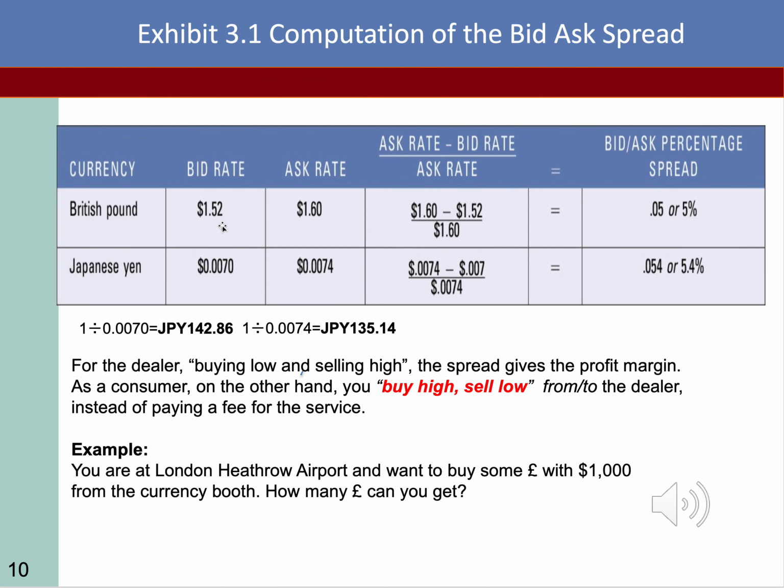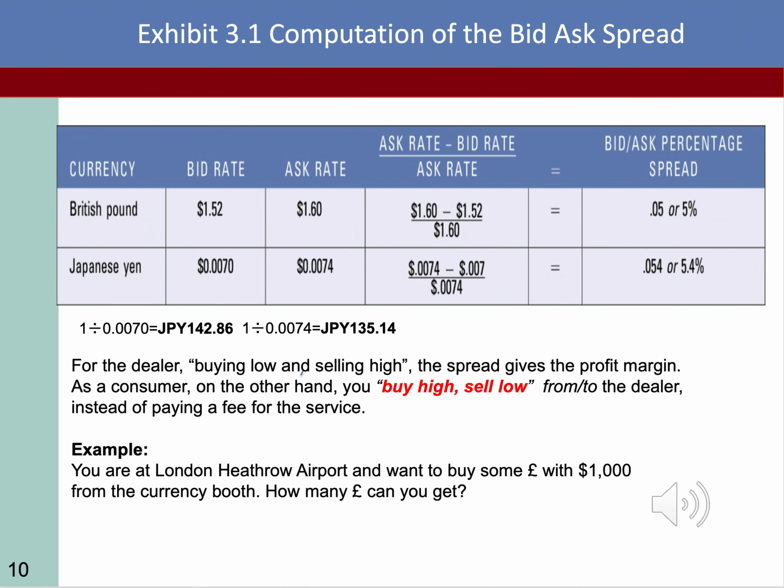Let's do the following example. You are a traveler at London Heathrow Airport. You visit that city and want to purchase some British pounds. You have $1,000 with you and you want to exchange it to pounds. How many pounds can you get?